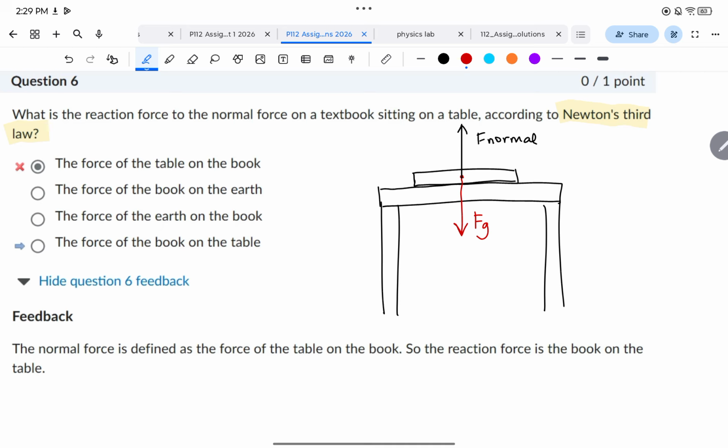I think that the normal force is the reaction force, not the other way around. But it's asking what is the reaction force to the normal force? It's basically the force of the book on the table, which is our gravity. So that's the answer.